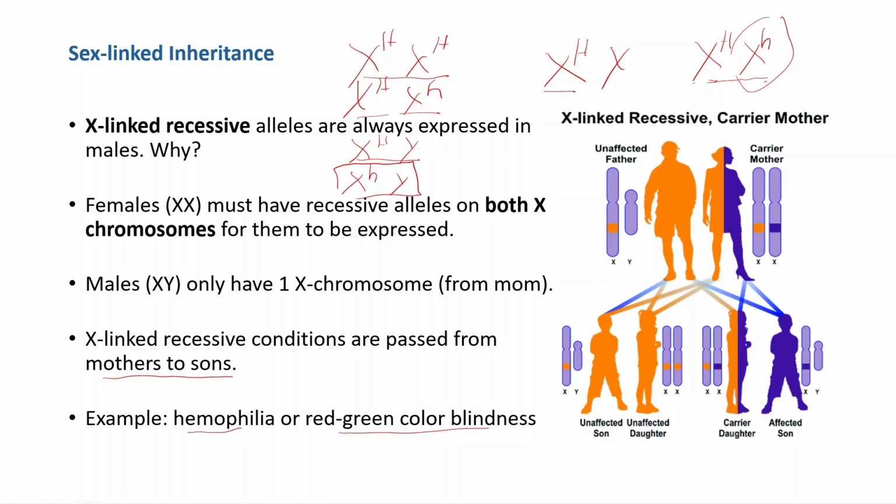So you understand what was so important. They knew the prince was healthy. They didn't want to marry a carrier because they didn't want hemophilia to continue in the family. And that's caused, like I said, because the males have only one X chromosome, which comes from the mom. So X-linked recessive conditions are passed from the mothers to the sons, and that's a relatively common condition.